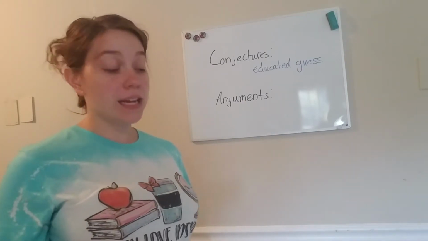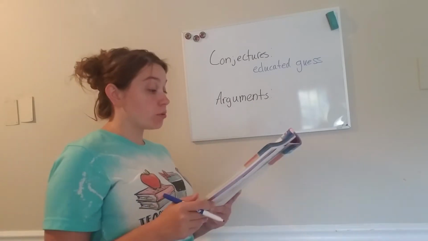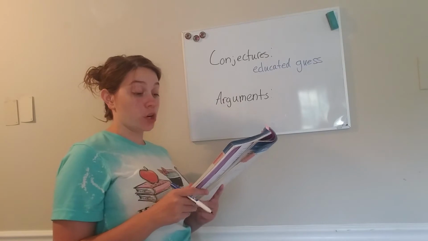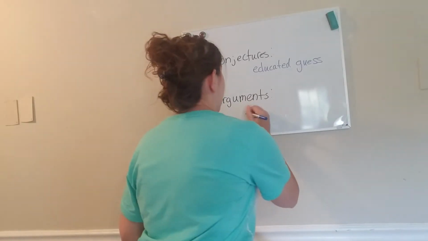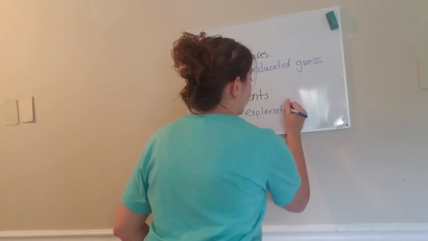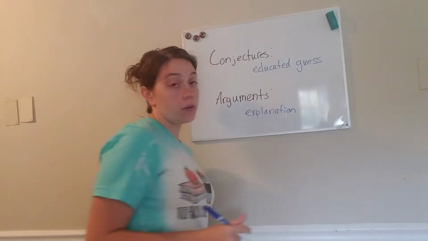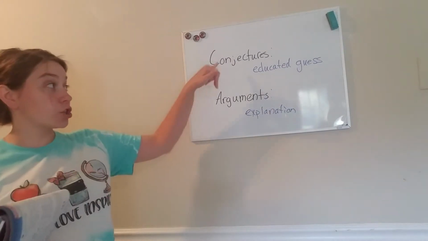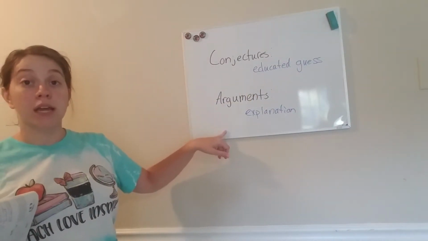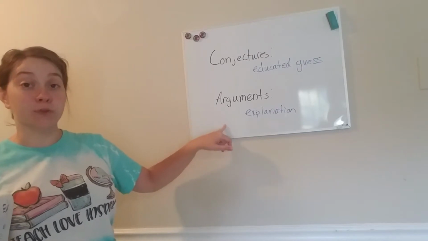Okay? Then it says, circle yes or no to tell whether the rule is correct. Then write an explanation or argument. So an argument is an explanation as to why you think that's correct. Okay? So we have conjecture, which is an educated guess, and an argument, which is your explanation.